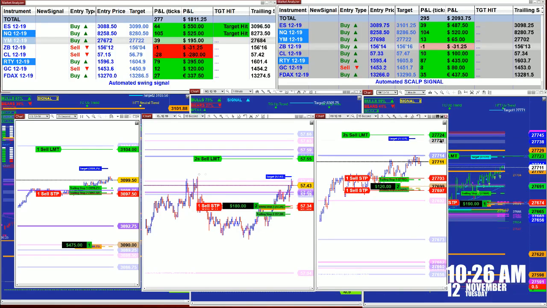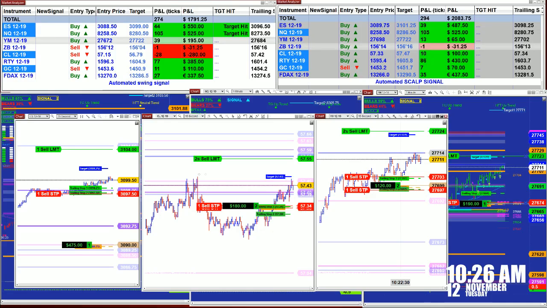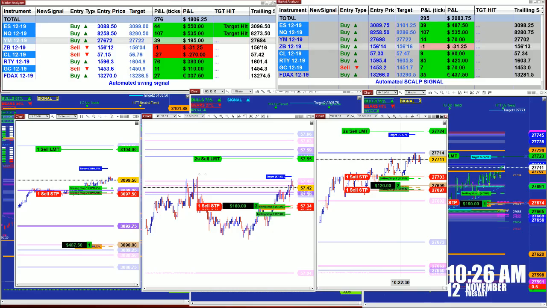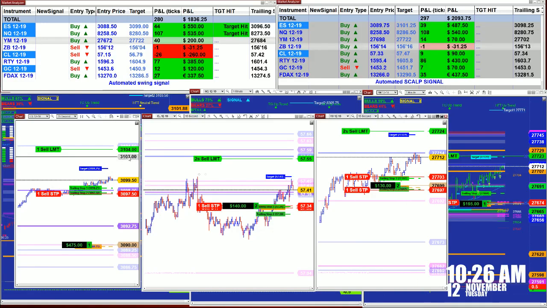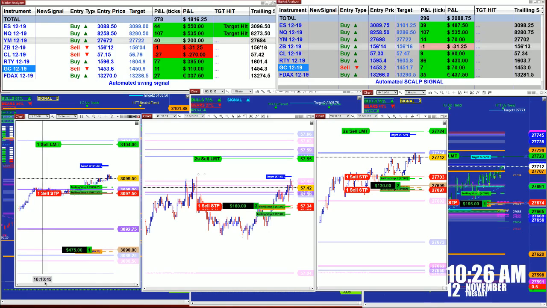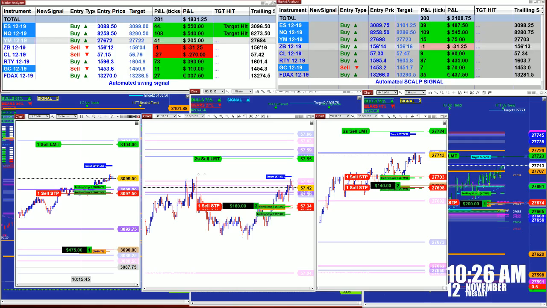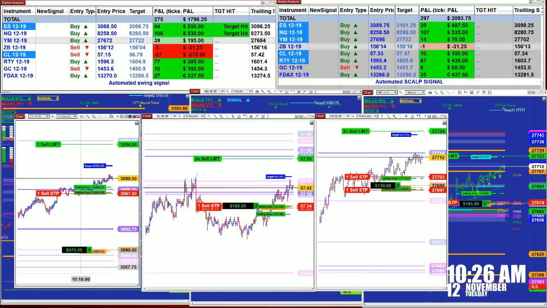And the same thing here on the YM. We are a little bit far from the target. We have a resistance at 7714, but the target is 7722. So let's see what we will do here. It is very important on the YM to break that level, 7714.